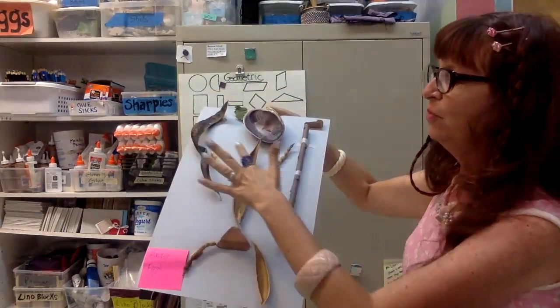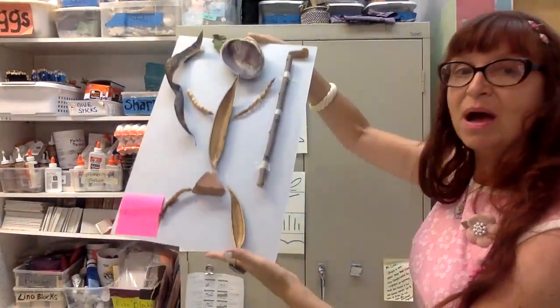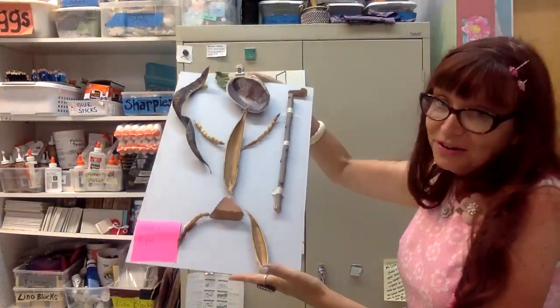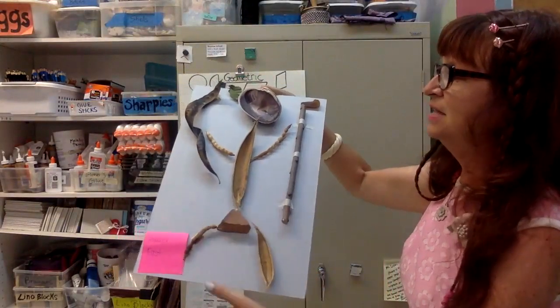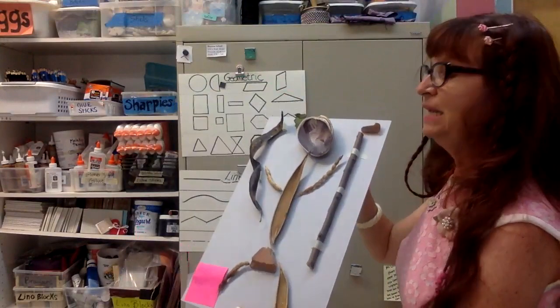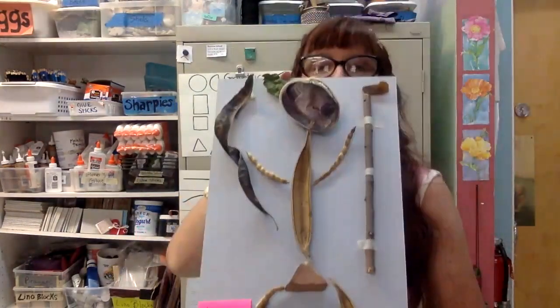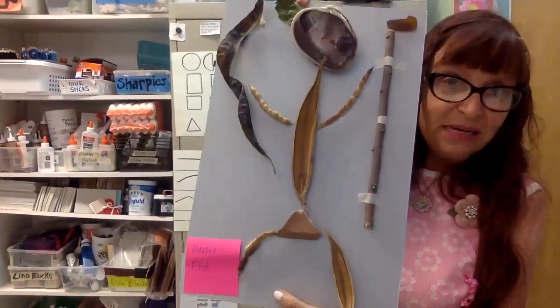And all the rest of these are called pods. And I found them in my neighborhood because there's a ton of trees in my neighborhood and there are always pods there. And so for me, after I collected these things from nature, then I created a nature being.